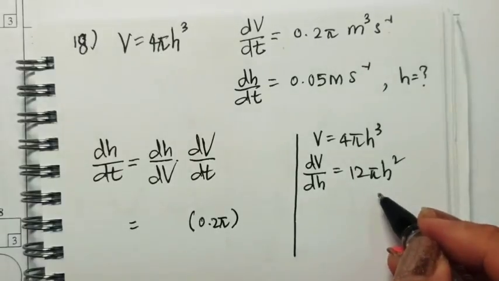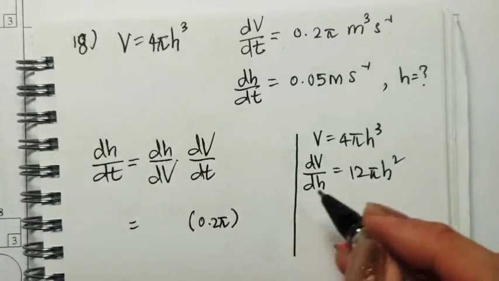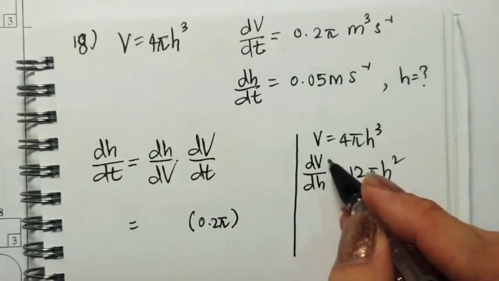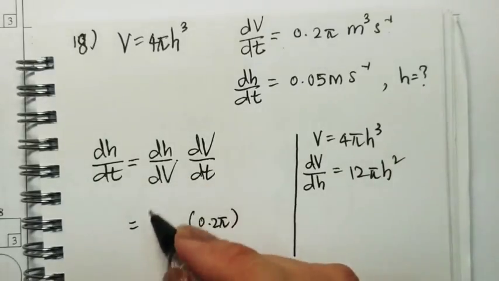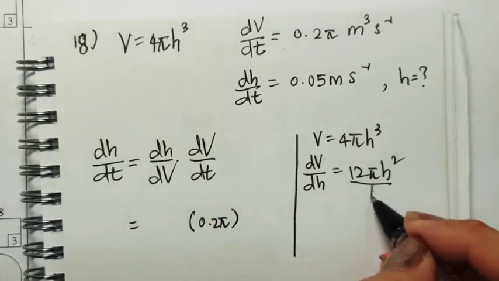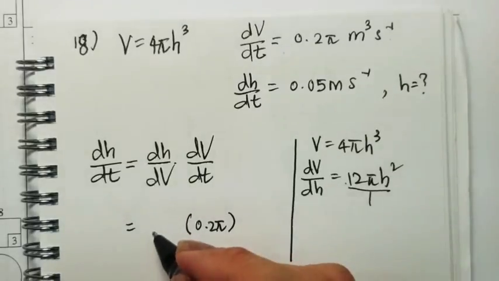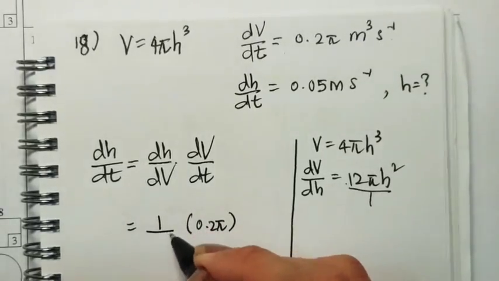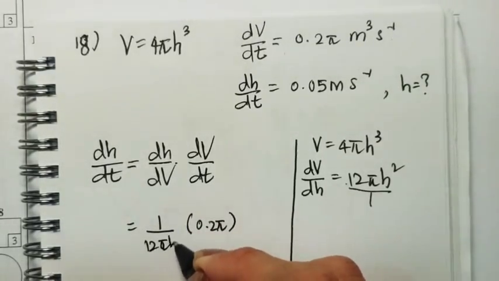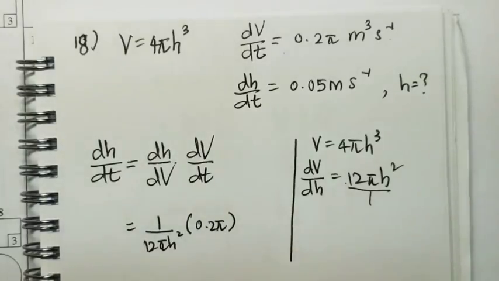But we are not looking for dV by dH, we are looking for dH by dV. That means if this is 12 pi H squared over 1, this side will be 1 over 12 pi H squared.